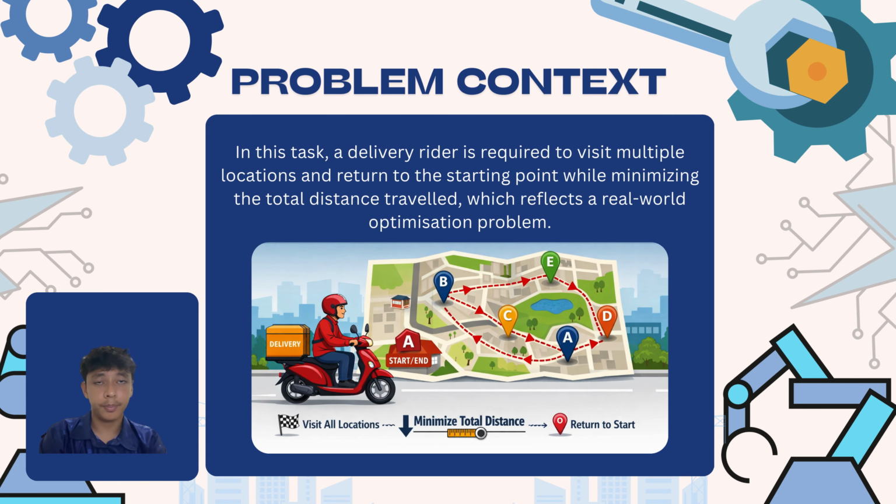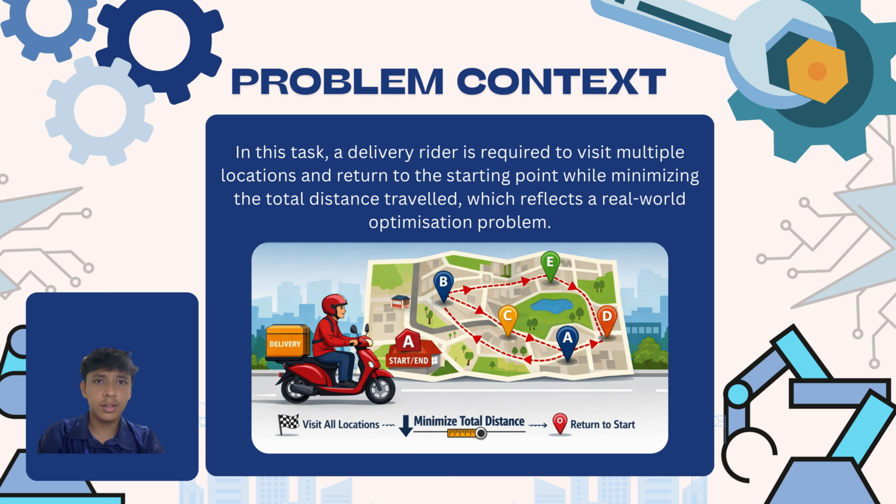In this problem, a delivery rider is required to visit multiple locations and return to the starting point while minimizing the total distance traveled. This problem represents a real-world optimization problem that is commonly found in areas such as logistics, transportation, and delivery service.